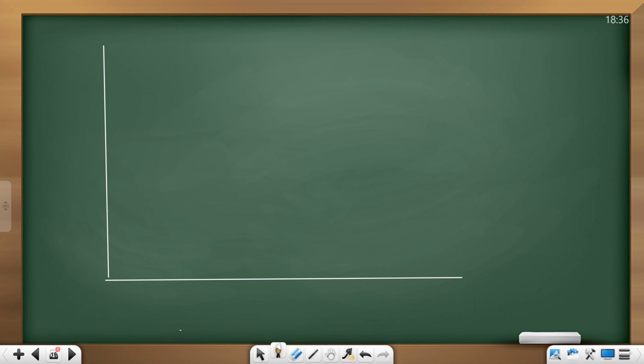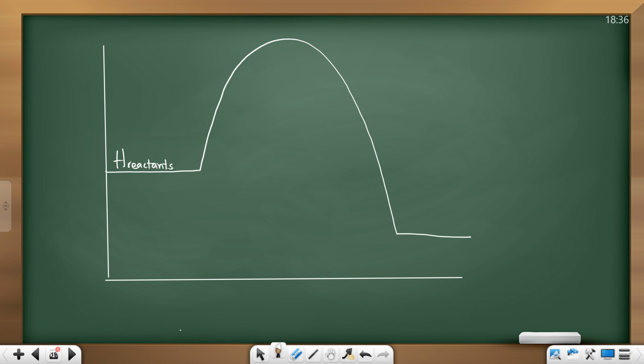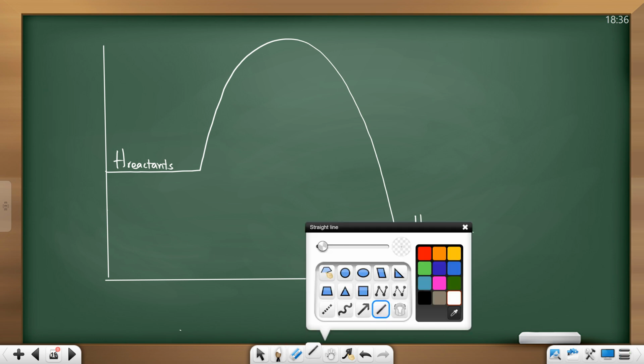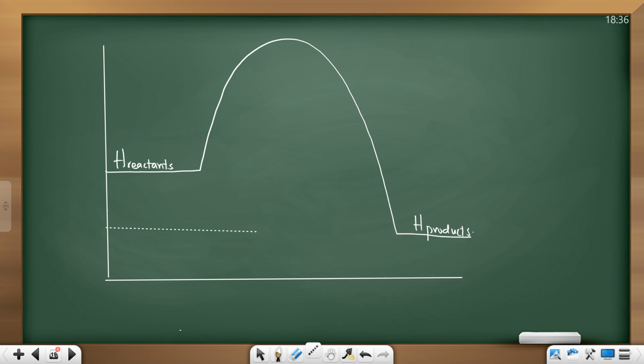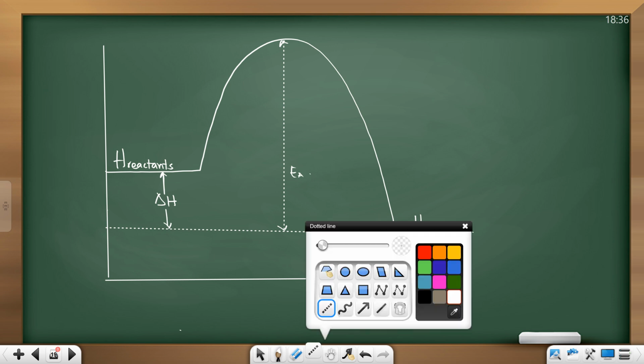For example, I know this is H of reactants, and this is H of products. Just a quick labeling. And that would be my delta H, which is my enthalpy. And this becomes my activation energy, right?